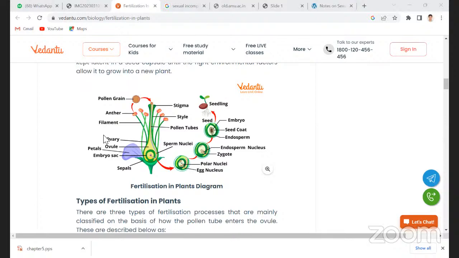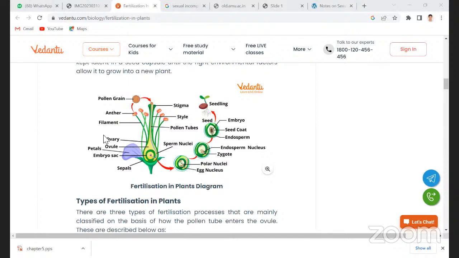Embryology of angiosperms 2 has four units. First is the development of endosperm, then development of embryo, apomixis and polyembryony. The next class we will discuss the development of endosperm.